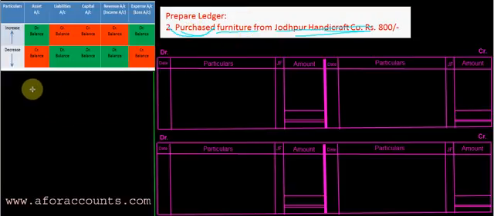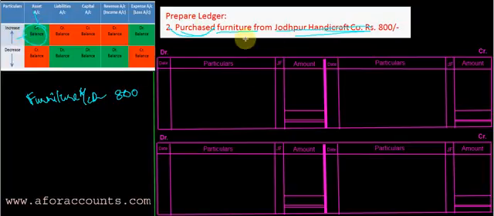See, quickly write down the entry: furniture account debit by 800, because asset is coming in, it is increasing, so I have to debit it. And then credit Jodhpur Handicraft, my creditor, I have to pay him later. Jodhpur Handicraft 800.